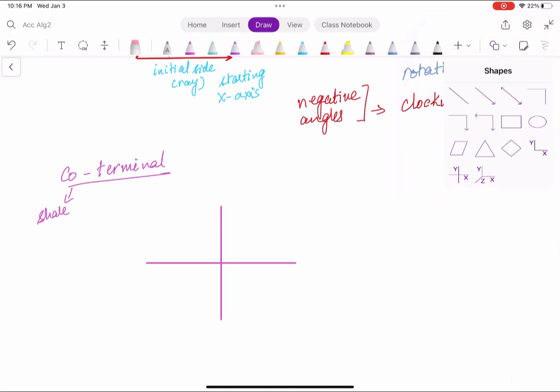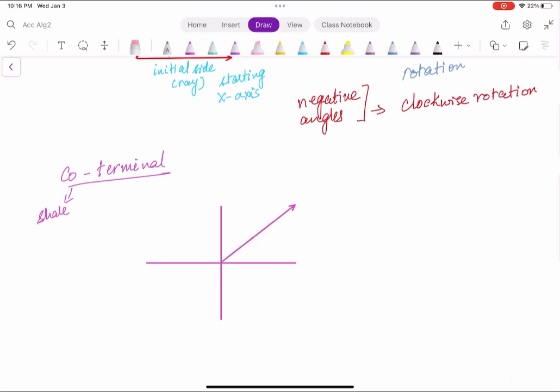Let's understand. So we have a coordinate plane, and just to let you know, this video is comparatively quite long. The reason is there are so many concepts that we have to review from geometry at the start of this course. So again, we are starting from the initial side, that is the x-axis, and we are forming the angle, and I label the angle as alpha.